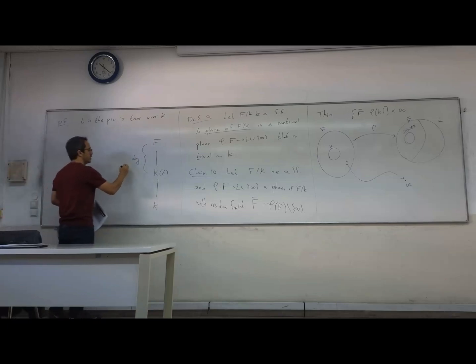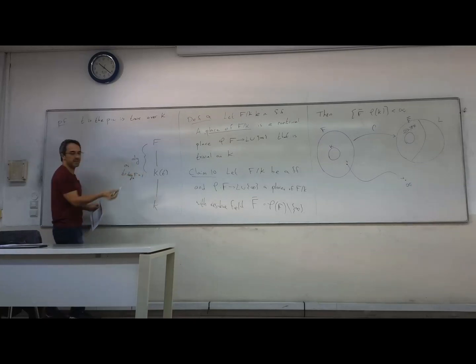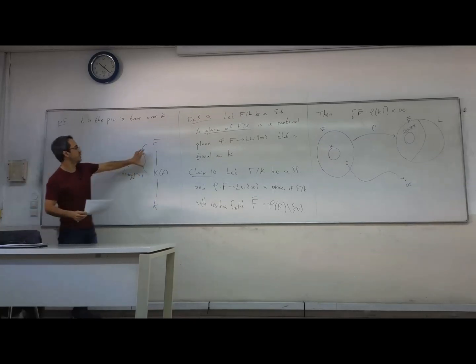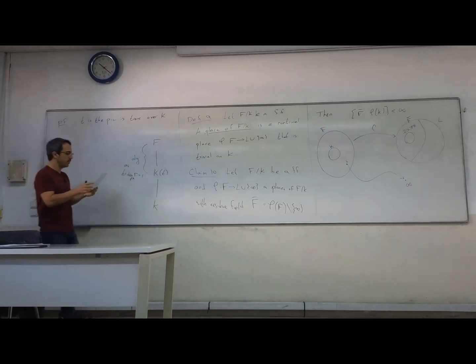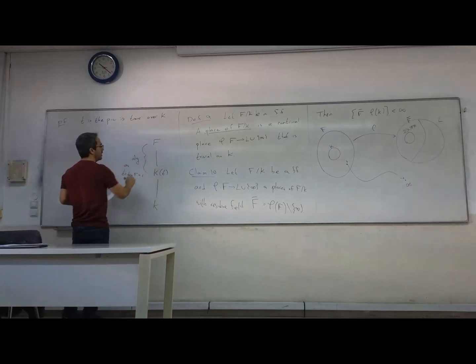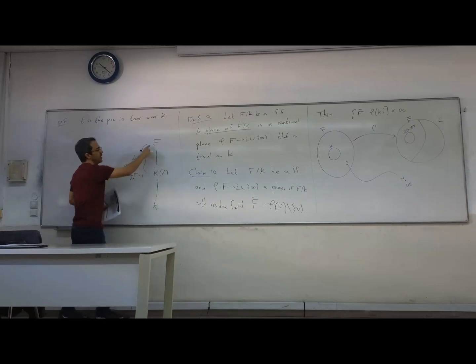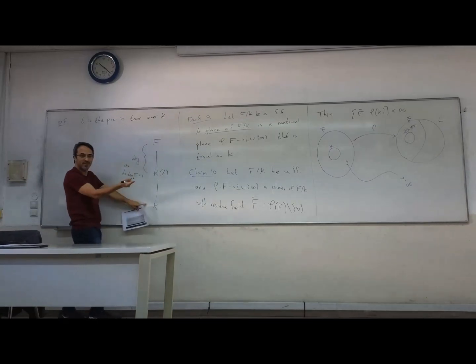Because the transcendence degree of f over k is 1, and t is transcendental. If this was transcendental, then the transcendence degree would be 2 or more. So this is algebraic, and it's also finitely generated because f over k is finitely generated by the original definition, not the characterization, but they're equivalent.